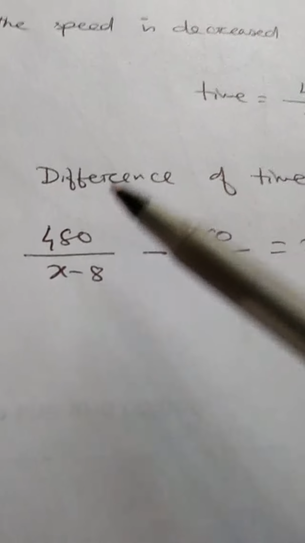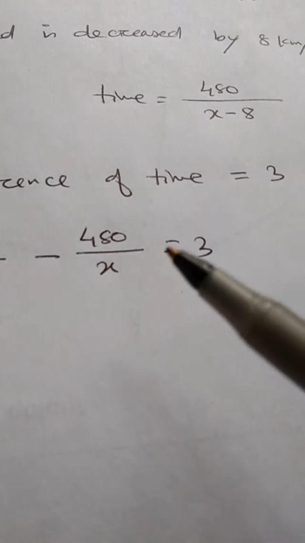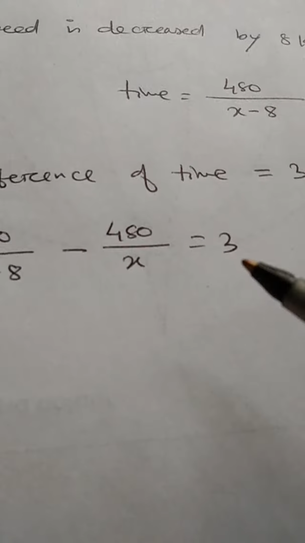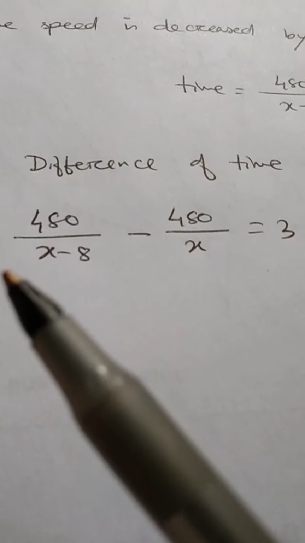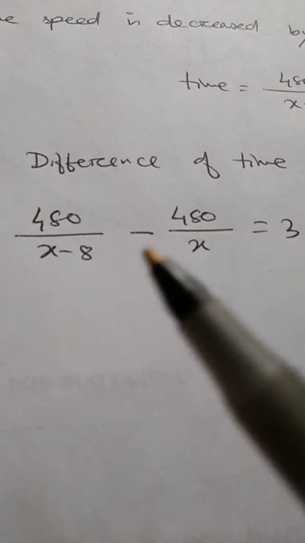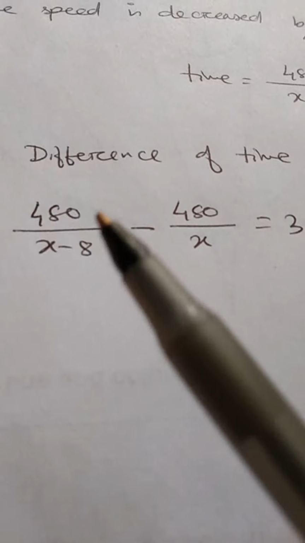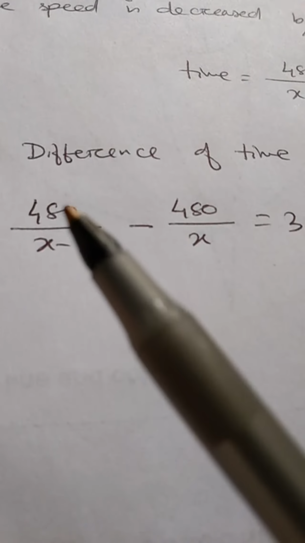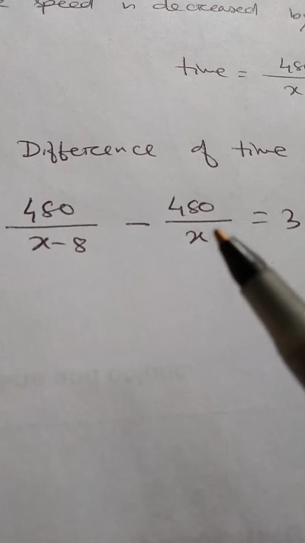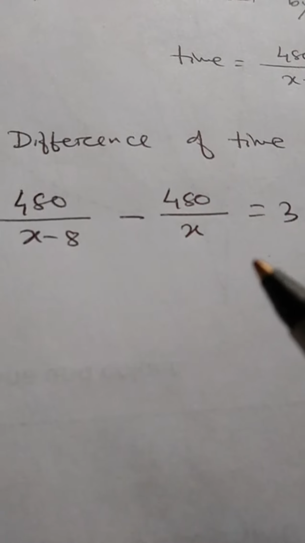So here we have written new time, which is more, minus the old time, equals to 3, as the difference of time is given 3 hours. So we have to make this kind of equation, more time minus less time. If the speed is increased, then it will take less time, and in that case this term will come next and the usual time will come first, and then accordingly you can make the equation.